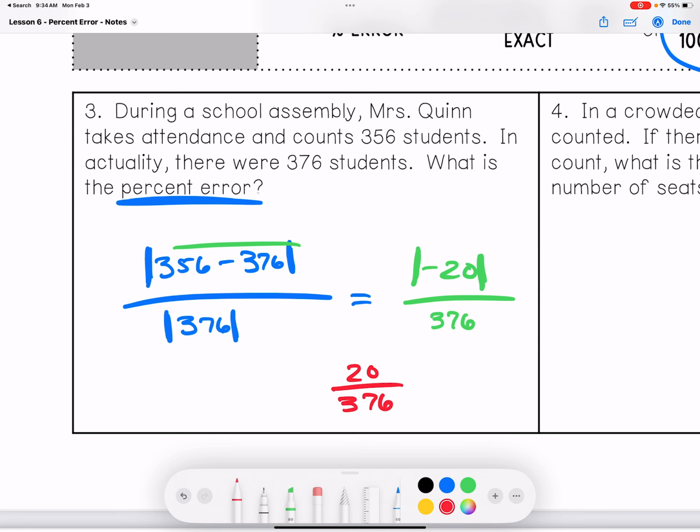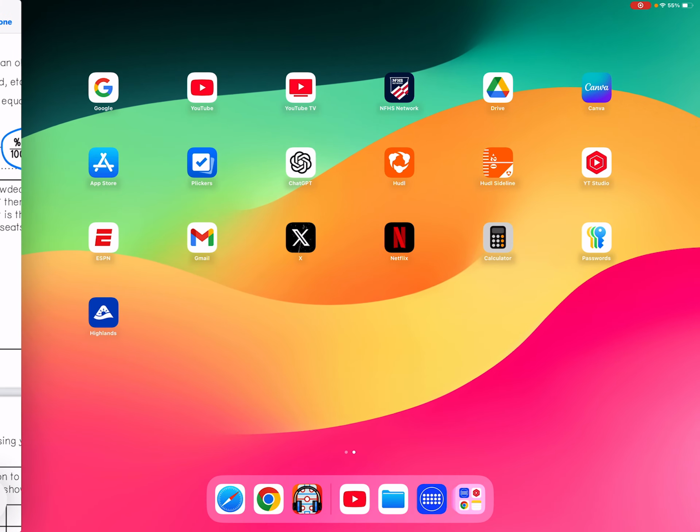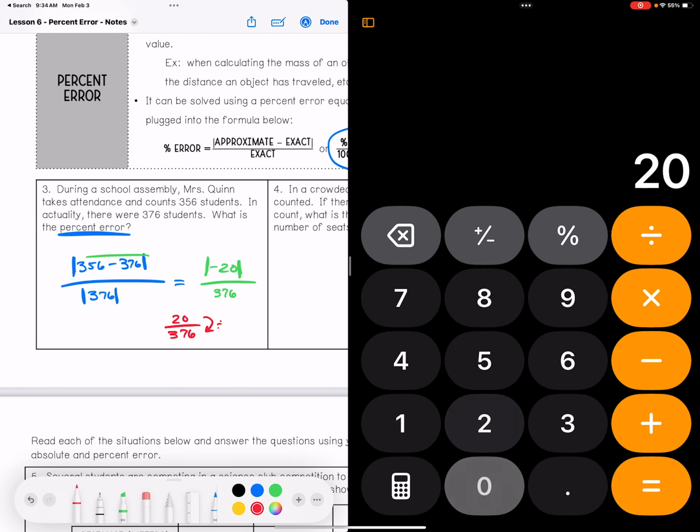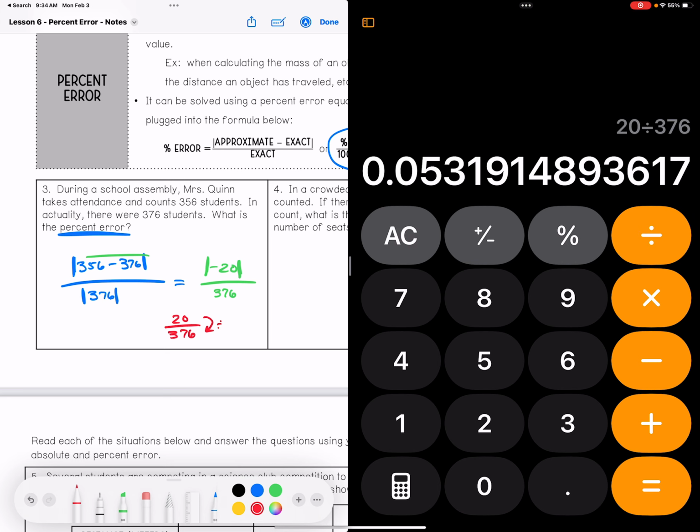And to find the percent, remember, all we did was divide. Top divided by bottom. And when you divide the top divided by bottom, let me show you what you're going to get. 20 divided by 376. Look at there.